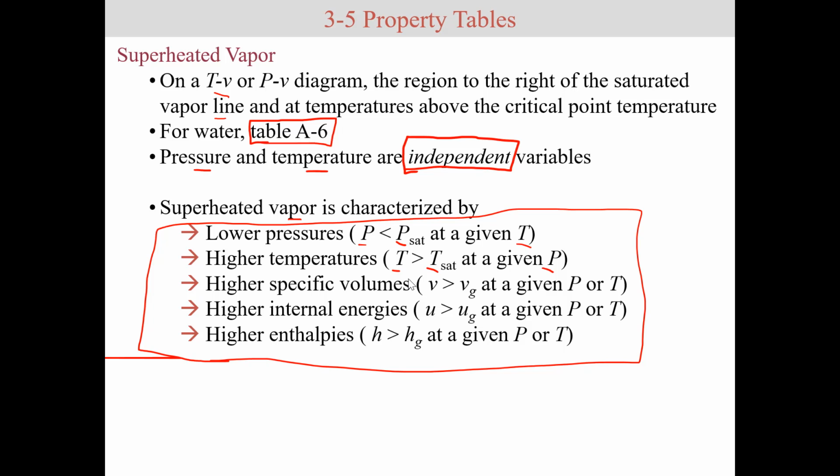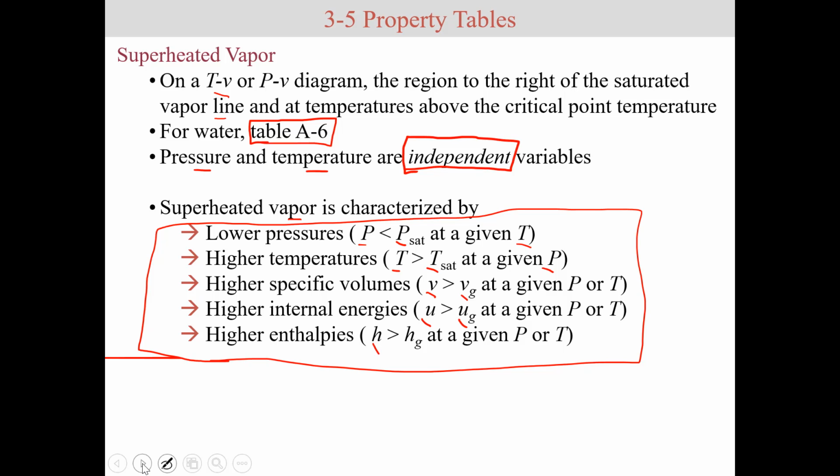For example, at 1 atmosphere, if I have a temperature of 150 degrees Celsius, it would be superheated vapor because the boiling temperature is 100 degrees. If I'm higher than that, I am therefore steam, or water vapor. At a given pressure or temperature, if any of my specific properties are greater than that of the saturated vapor, I am a superheated vapor.